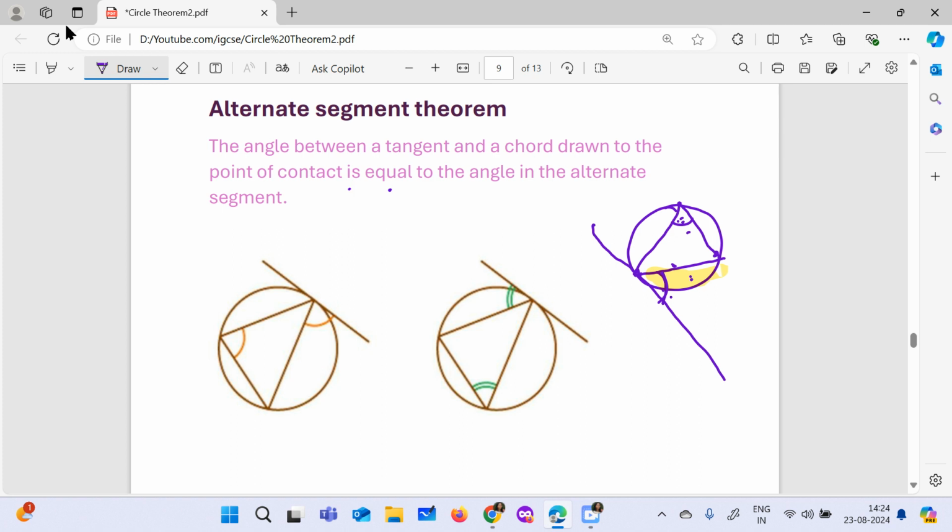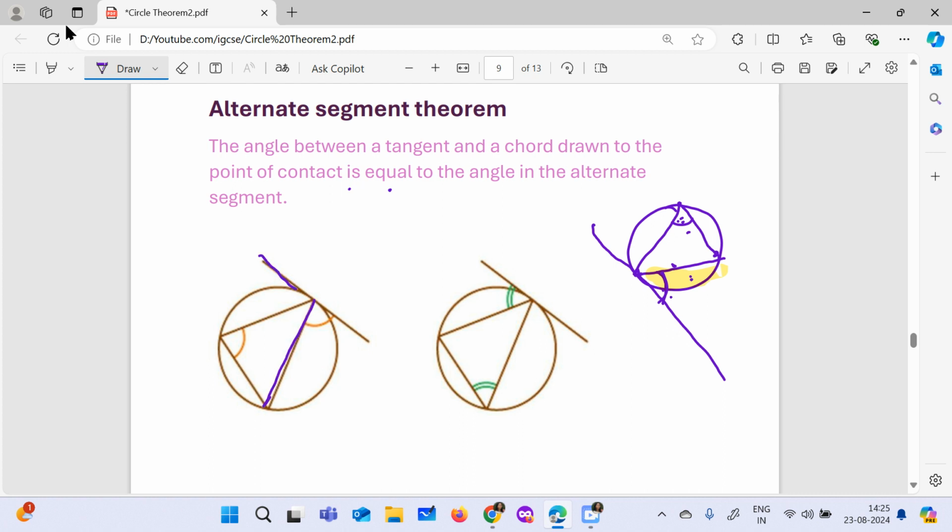Yes, Miss. Okay, now take this circle. In this circle, here you have a chord, and this is the tangent. We have a chord on both sides, but we will take this chord because the angle is formed here.